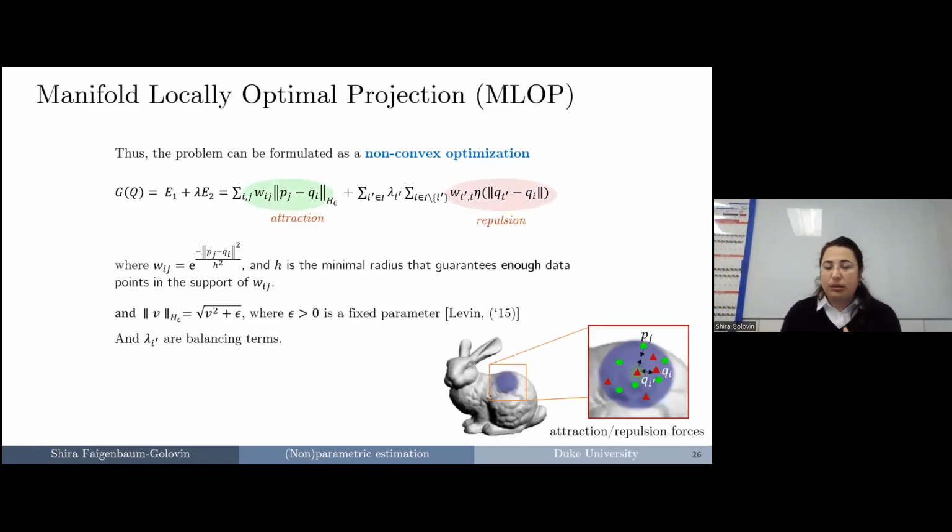If we think about it in a more general form, we are looking for attraction forces that are pulling the Q points closely to the manifold in a local neighborhood, while we have some repulsion forces between the points themselves. If they are gathering too close, they will just be rejected one from another.